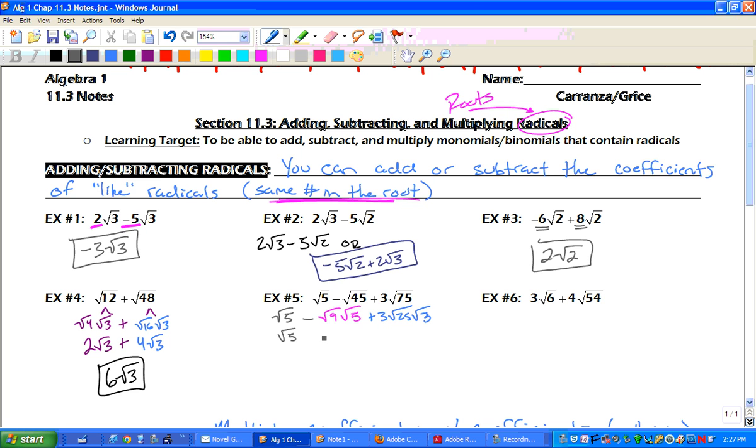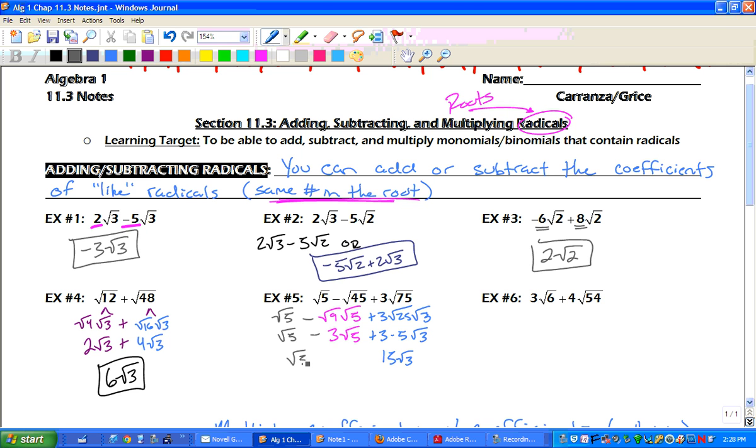So the root 5 stays the same, minus 3 root 5 plus 3 times 5 root 3. And then 3 times 5 is 15.